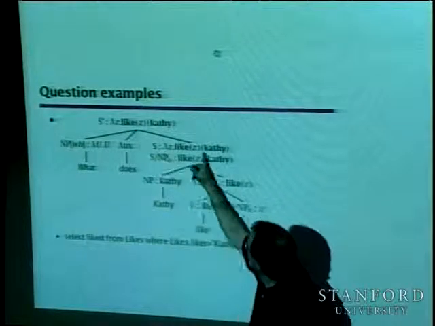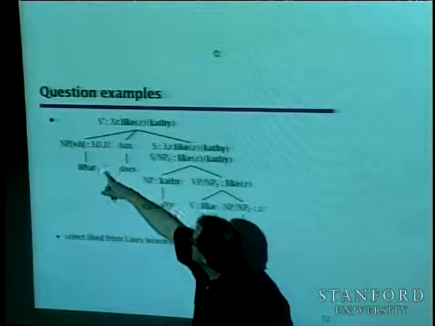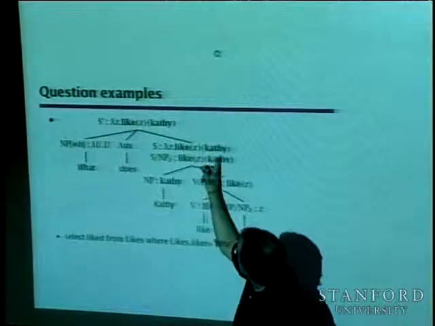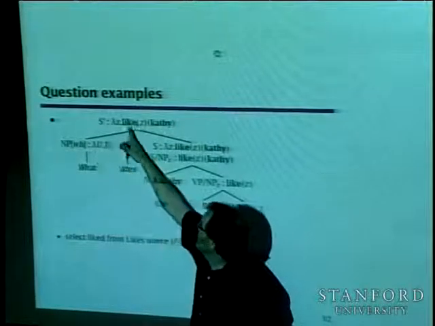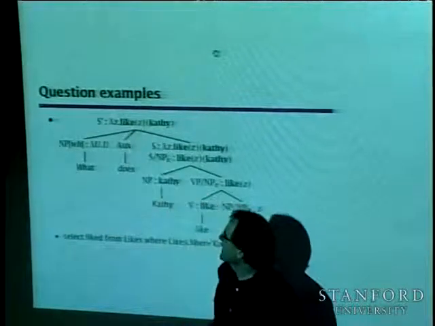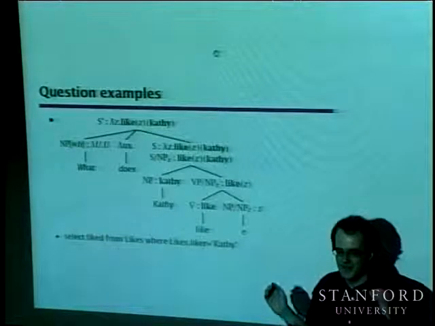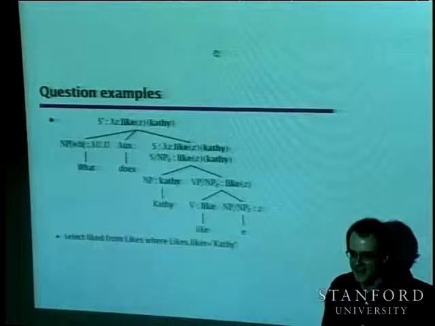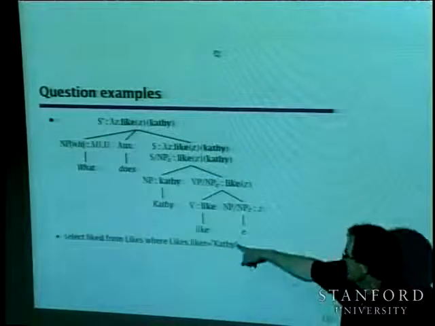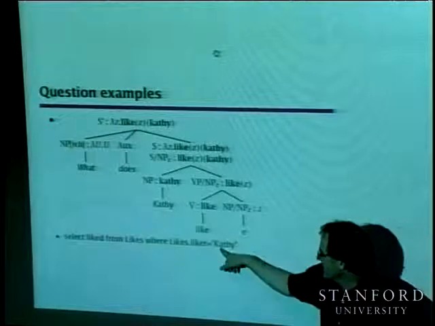Okay, so now I have a property of lambda z like z Kathy, and so for what does Kathy like, what introduces no new semantics of its own, and so the meaning of the whole thing is just lambda z like z Kathy. Here's a property, and the set of rows that are returned from the database for that property is the answer to the question. So I get select liked from likes, where likes.liker equals Kathy.